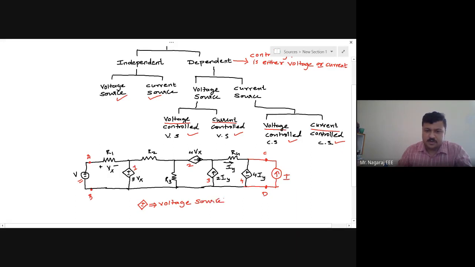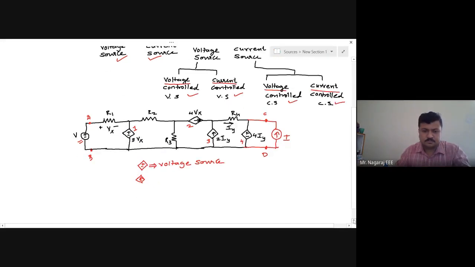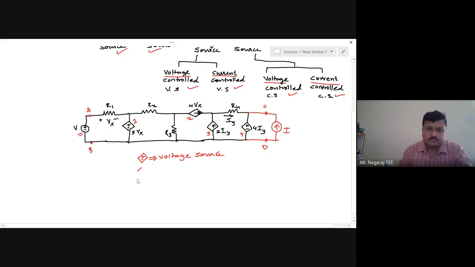And if you get an arrow mark in it, upward or downward arrow mark, or sideward arrow mark, this is a current source. Now in this rhombus one, or dependent source one, there is a plus and minus sign within it. So it is evident that this is a voltage source.